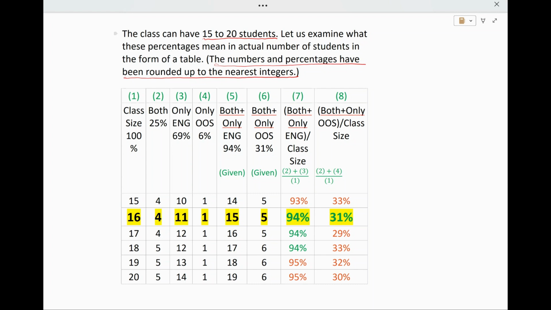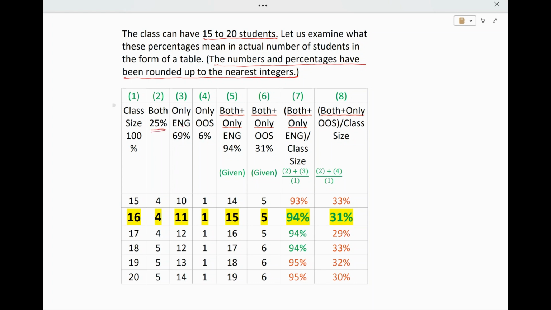We have made 8 columns: 1, 2, 3, 4, 5, 6, 7, 8. First column shows the class size. The second column shows the category both, which is 25%.